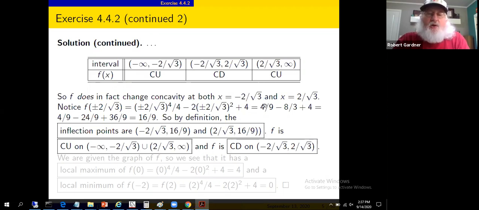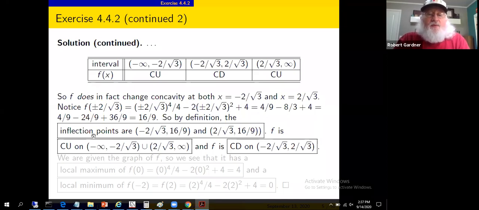We can find the corresponding y values. So we've evaluated f of plus or minus 2 over the square root of 3. It had only even exponents, so those plus or minuses get absorbed, and it looks like the value was 16/9 for what it's worth. Unless I actually graph this thing, it wouldn't be that useful to have some points. We'll graph some soon, but not this first one.